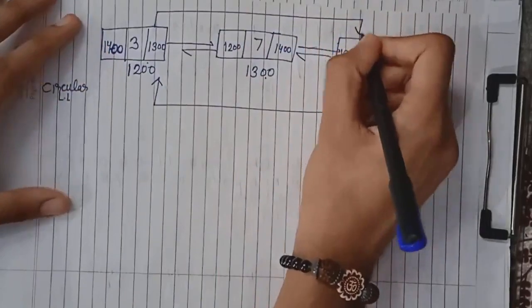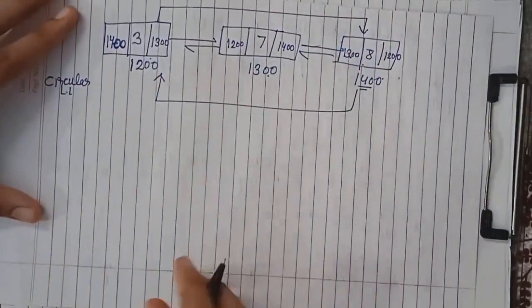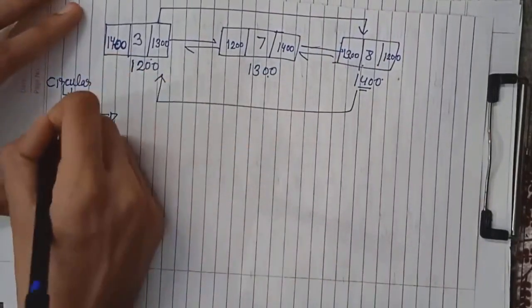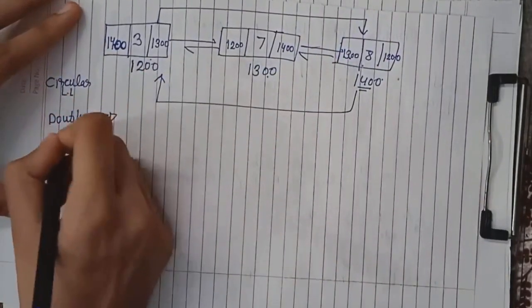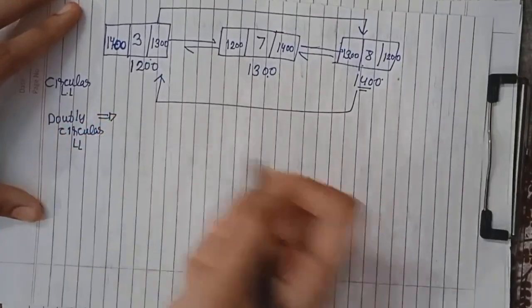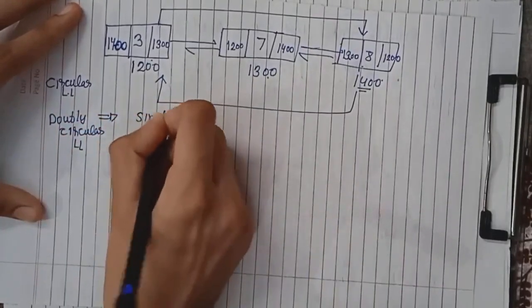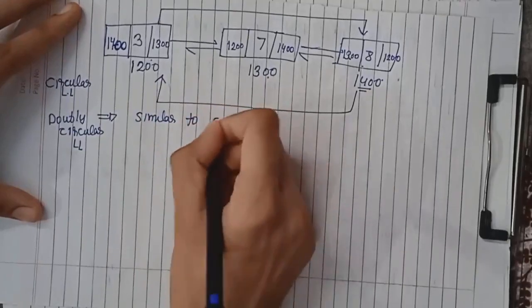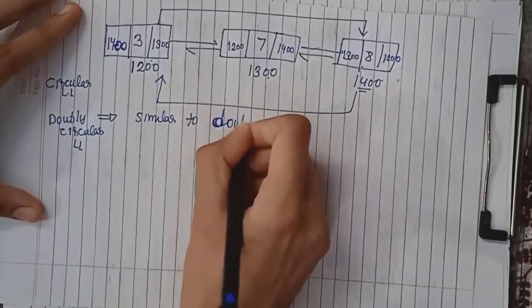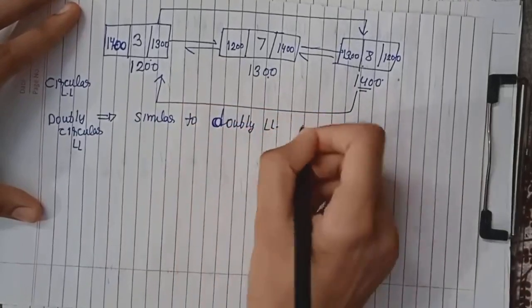Now this is the doubly circular linked list. If I write the definition for the doubly circular linked list, then I can say that it is similar to a doubly linked list.